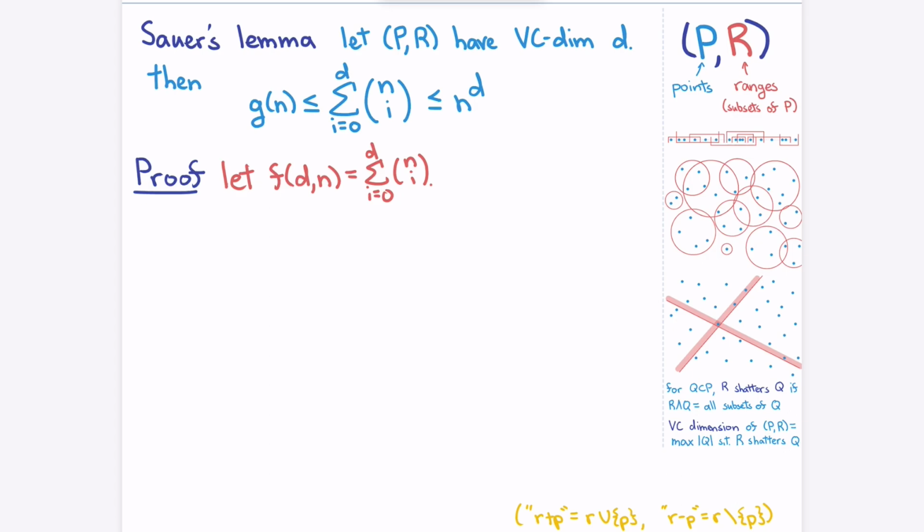We'll do it by induction on d and n. So what are the base cases? This is usually an easy one. What would be a base case?